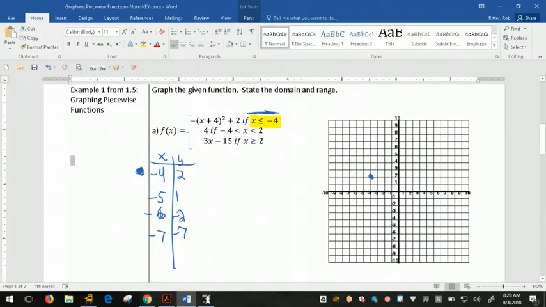Then I put a point at negative 5, 1, and negative 6, negative 2, and negative 7, negative 7. And I connect those, and I end with an arrow because the graph continues on infinitely as we go through this domain, continuing going left of negative 4.